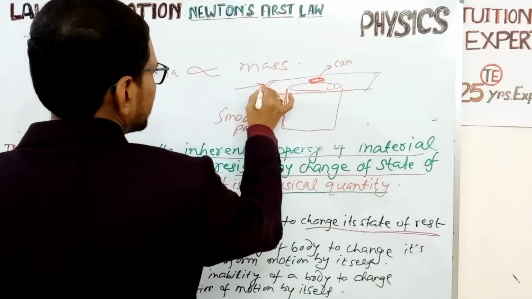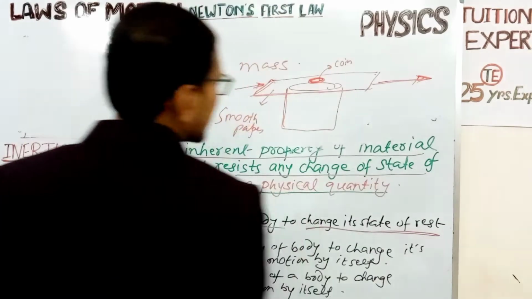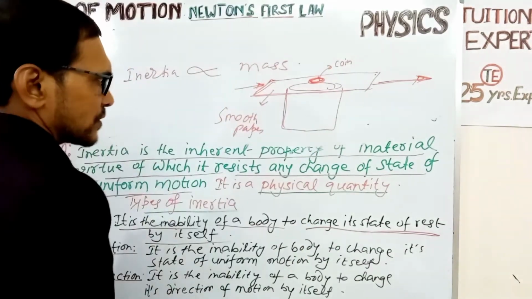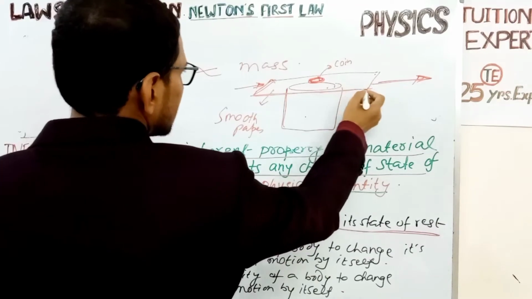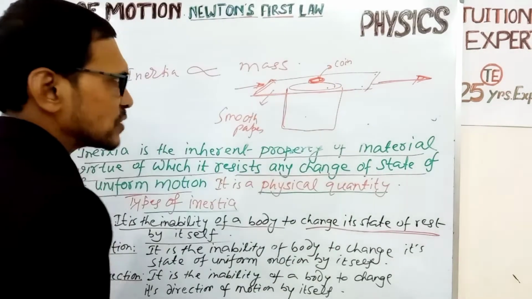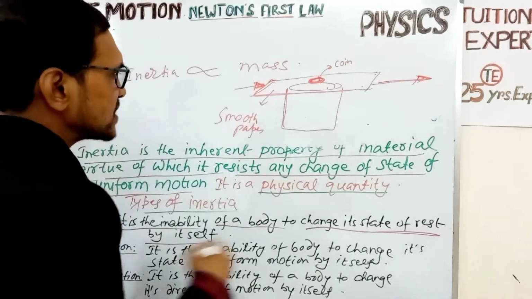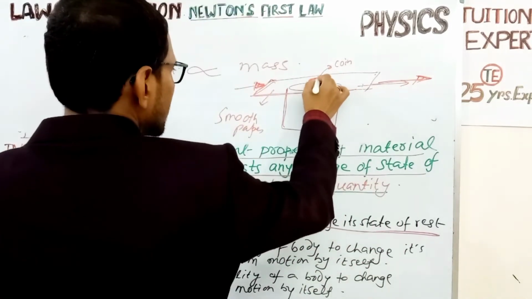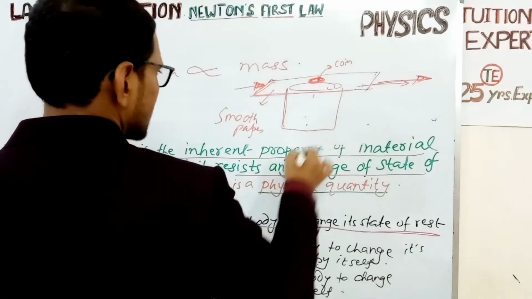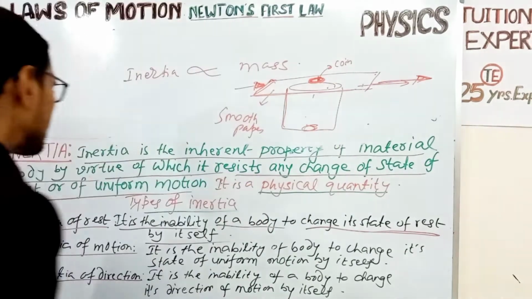Now if the paper is pulled by hand, it slips forward and the coin drops into the cup. The motion is not transmitted to the coin, because due to inertia the coin tends to remain in its position. So the paper moves, and the coin, due to inertia of rest, falls into the cup. This is an example of inertia of rest.